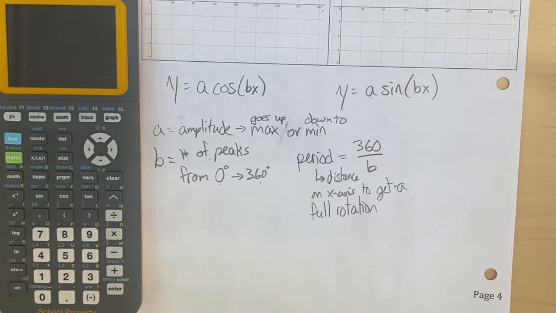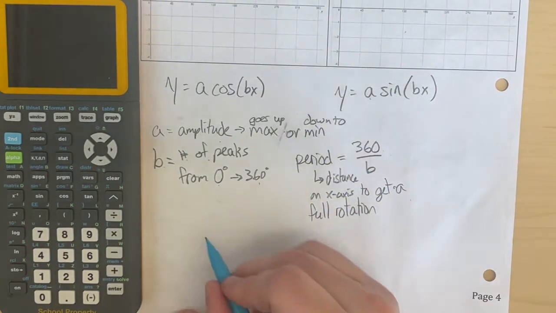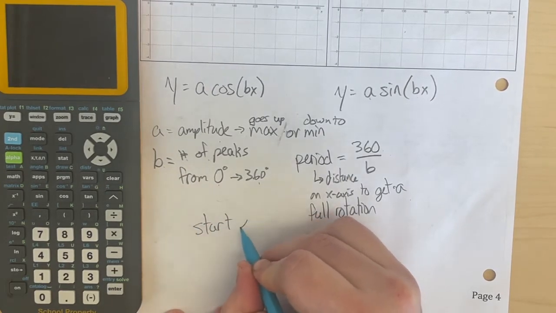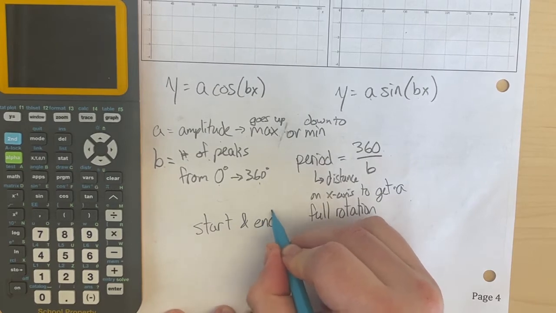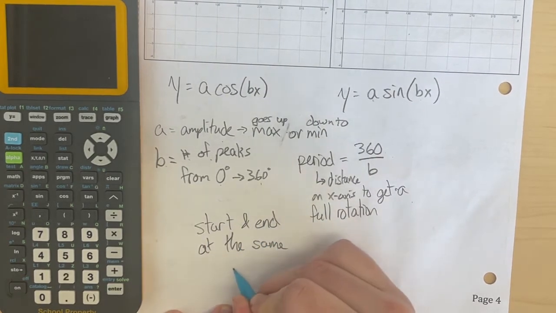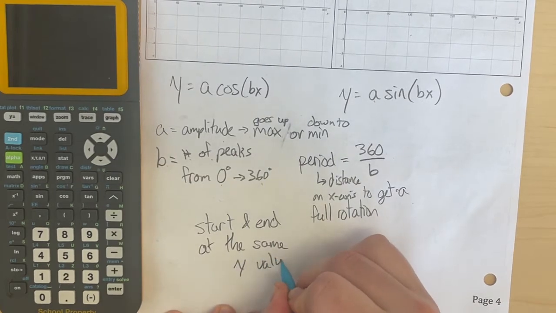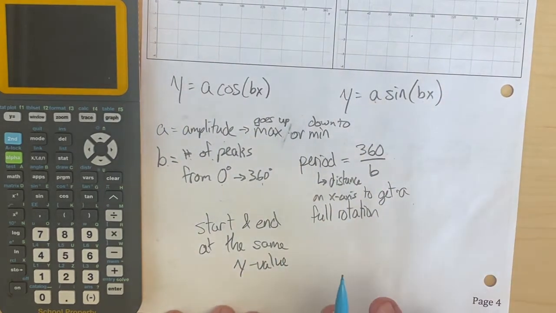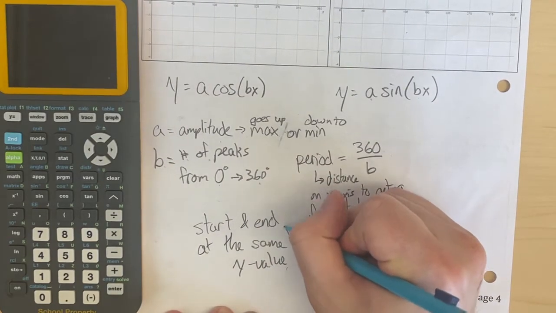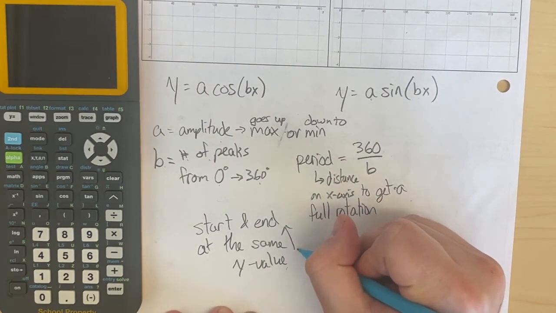Some other parts to remember that work for both of these: both of these start and end at the same y value. That's a key part. So make sure you're saying start and end at the same y value, start and end of period.